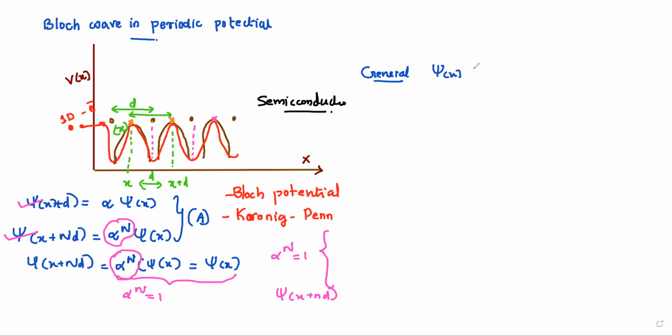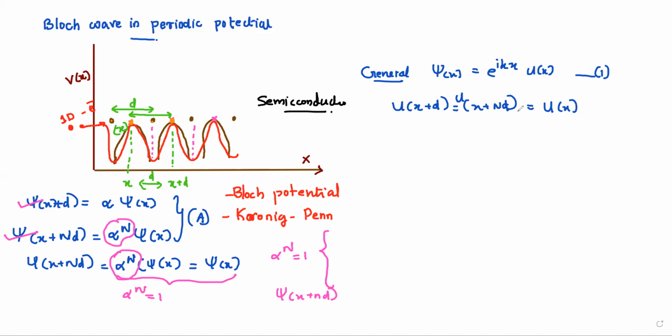So psi of x is equal to e raised to ikx into u of x. Let's consider this as equation number 1. And we have already written that the potential at x plus d, and at x plus nd, u of x plus nd is equal to u of x.